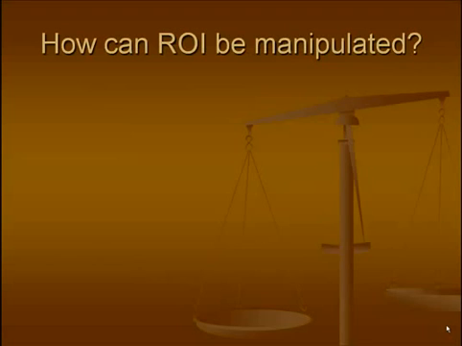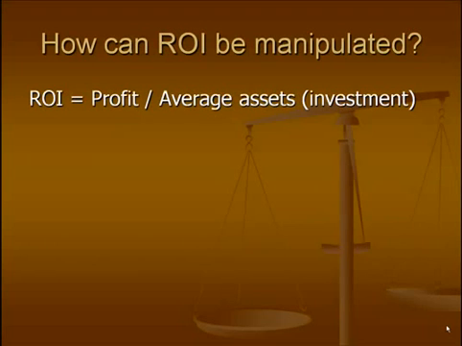Here's the formula again. ROI is profit or earnings before interest and tax, the same thing, over average assets. Now let's go back to an accounting equation we did way back.